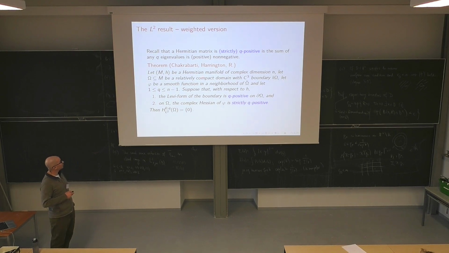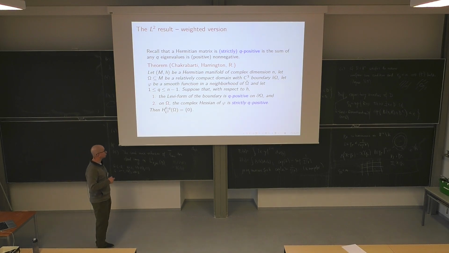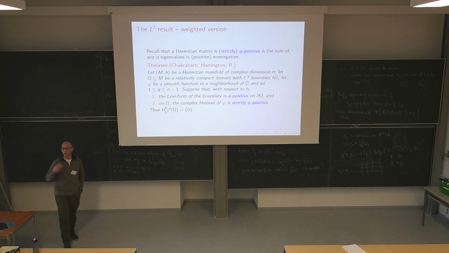And the hypothesis is the Levi form of the boundary is Q positive, and there is a weight function phi, and the complex Hessian of phi is strictly Q positive on omega. In this case, there's no L2 cohomology. Closed range for D-bar was already known in this situation, so the interest is really that there's no L2 cohomology.